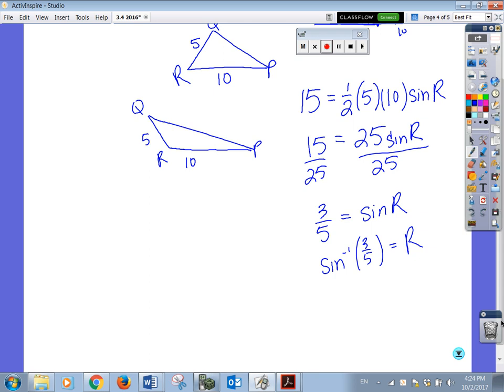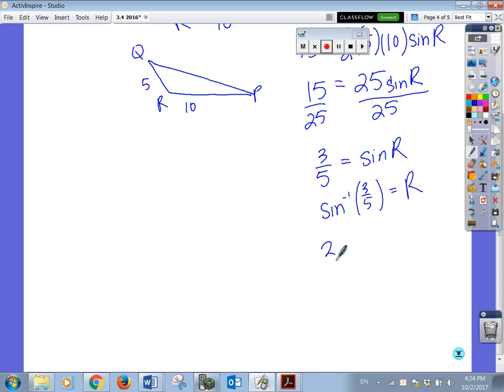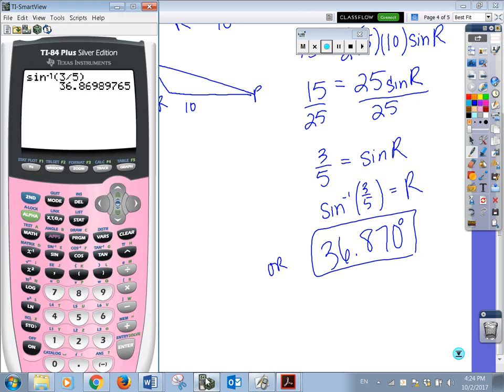So our one answer is 36.870 degrees. There's one possible answer. Or we take that answer, subtract it from 180, and we get our other possible answer.